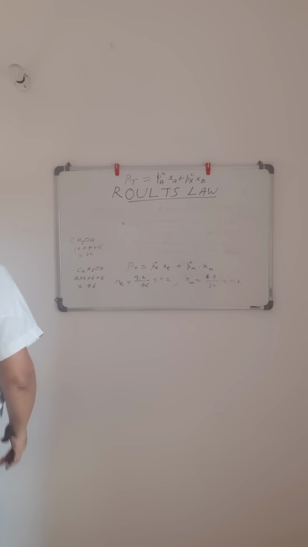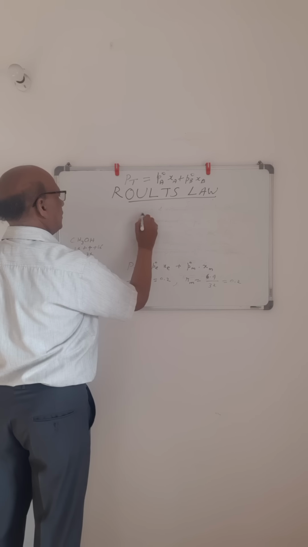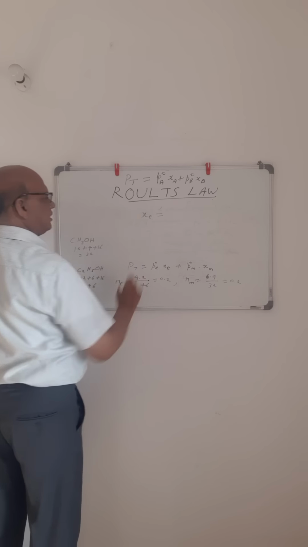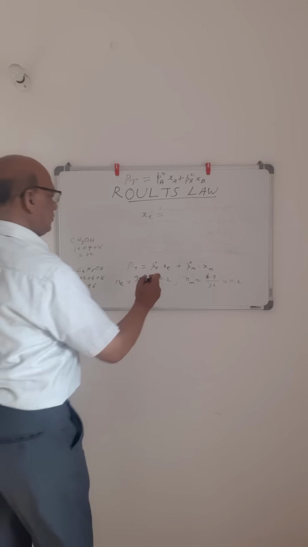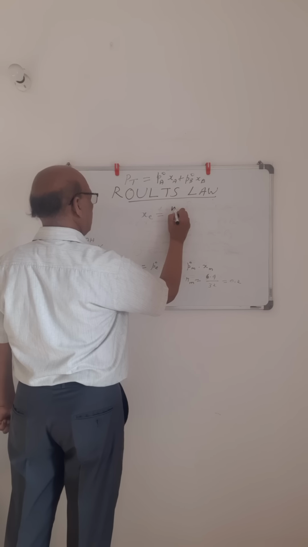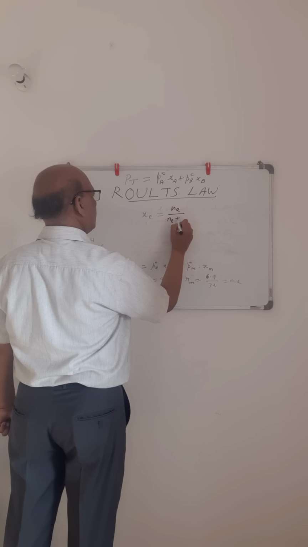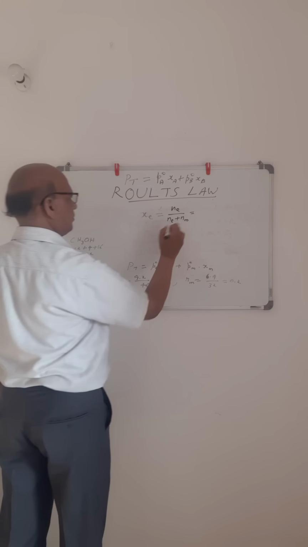Okay, now we will find the mole fraction of ethanol, that is Xe. That will be number of moles of ethanol divided by number of moles of ethanol plus number of moles of methanol, that is the total number of moles.